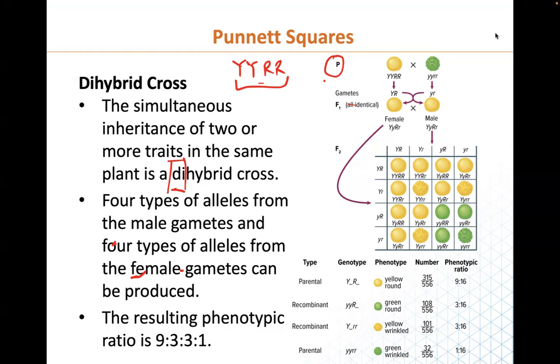It's smooth if it's uppercase R. And this one has homozygous recessive color, which is green, and homozygous recessive texture, which is wrinkled. So you're considering two things: being green and wrinkled, and this is being yellow and smooth.